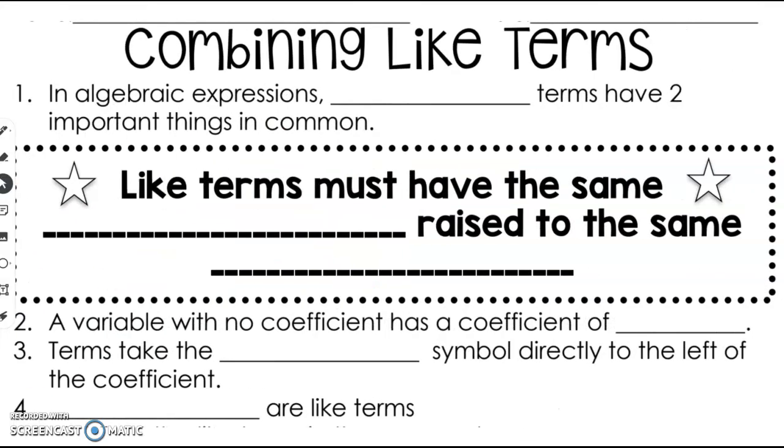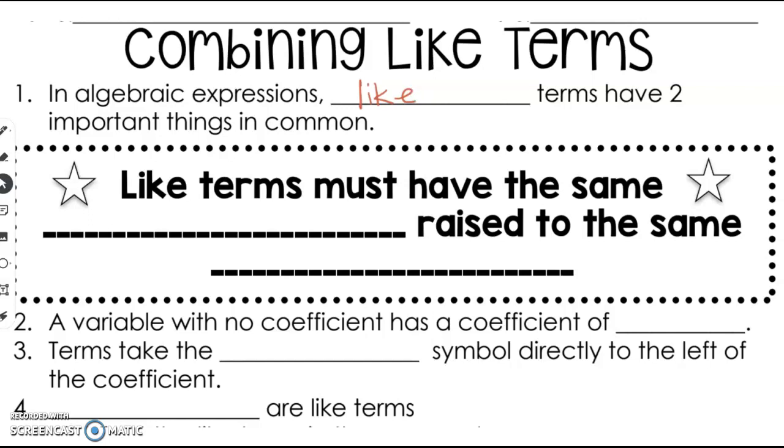Let's take some notes. Like terms is a phrase we use to tell people that our expression has something in common. In algebraic expressions, like terms have 2 important things in common.